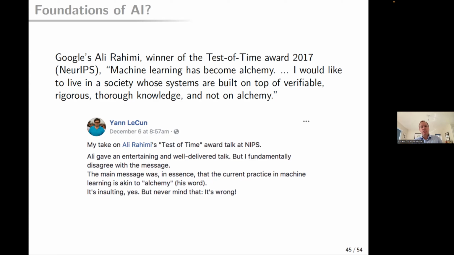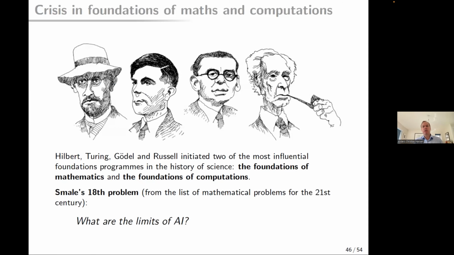And what we see now with the lack of understanding of limits and the foundations of AI, we are quite close, in fact, in a very similar situation to the situation in mathematics in the beginning of the 20th century, where the word crisis was really used about its foundations.